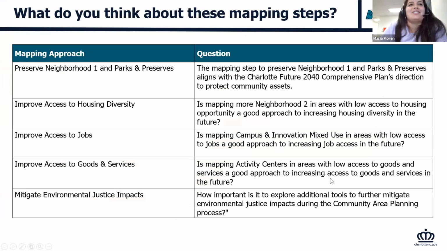And I'm sorry, we have one last question here before we start talking about the current approach. How important is it to explore additional tools to further mitigate environmental justice impacts during the community area planning process? After the policy map is adopted later next year, the future steps in implementation include future community area planning in different geographies throughout Charlotte.